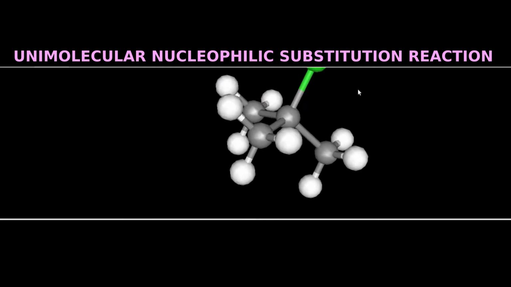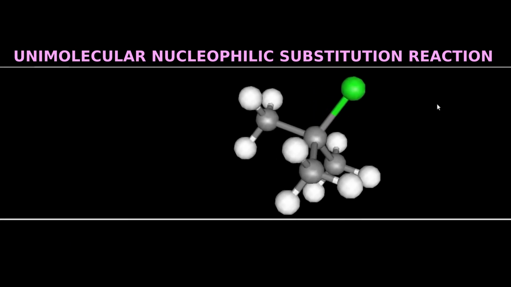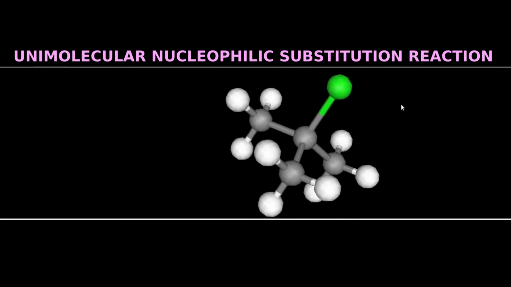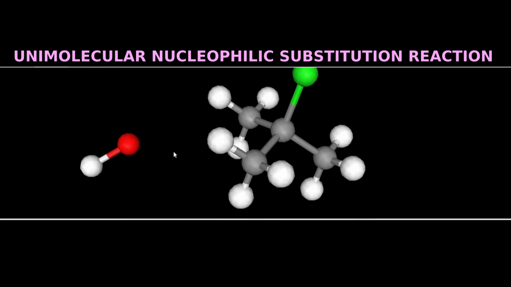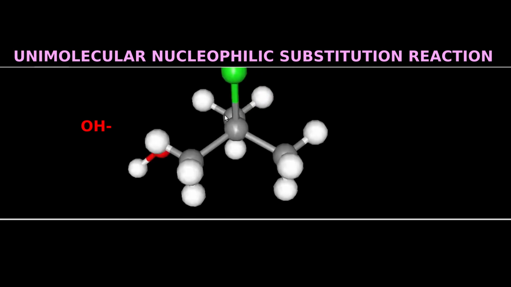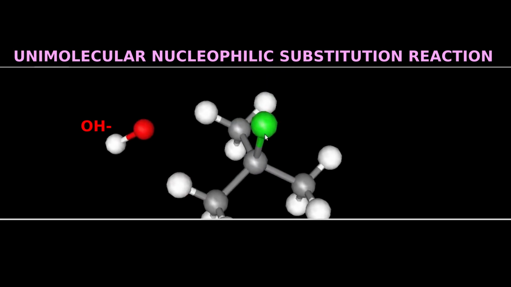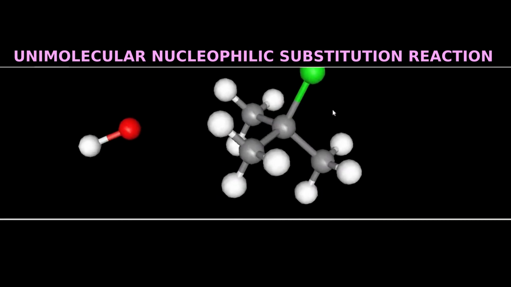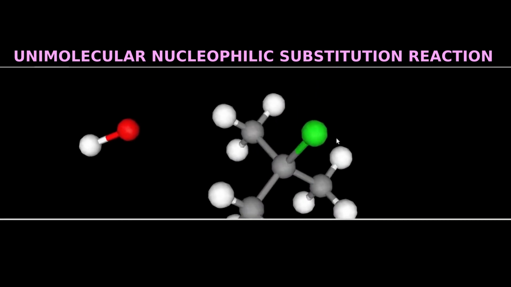Therefore the approach of the nucleophilic OH- ion is hindered by the presence of the bulky methyl groups, and there is no formation of an unstable transition state.